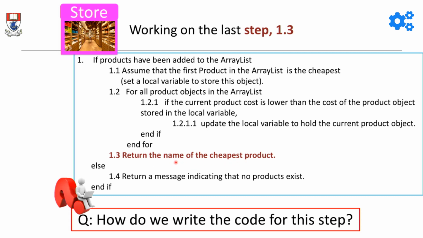So that's a big hint. Take a look at your slide for the product to find out what the method name is in order to return the name of the cheapest product. Just waiting on one more.